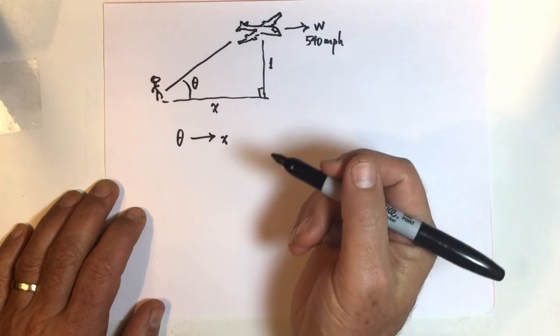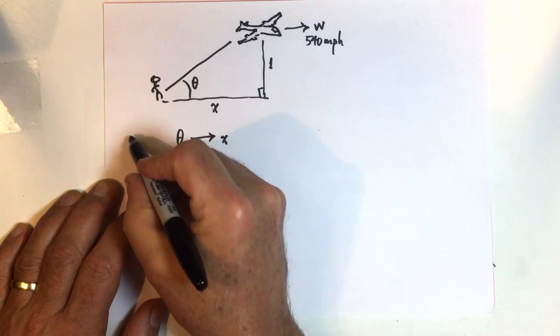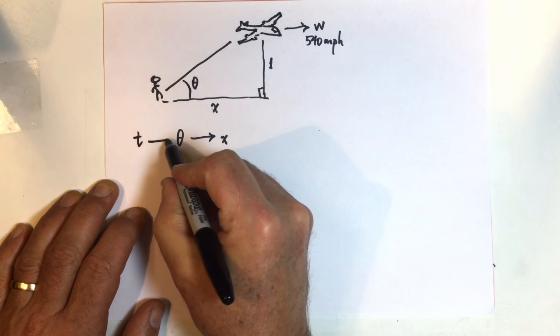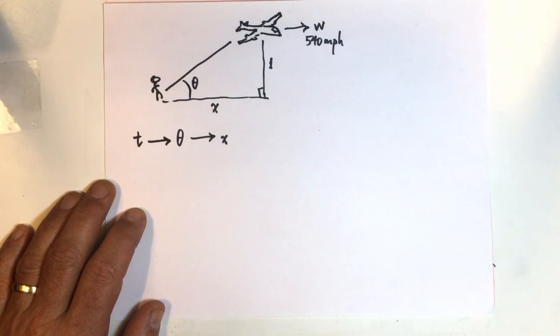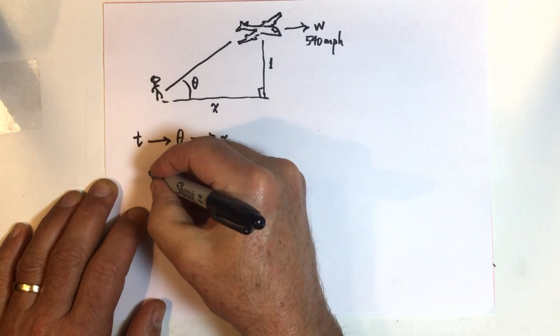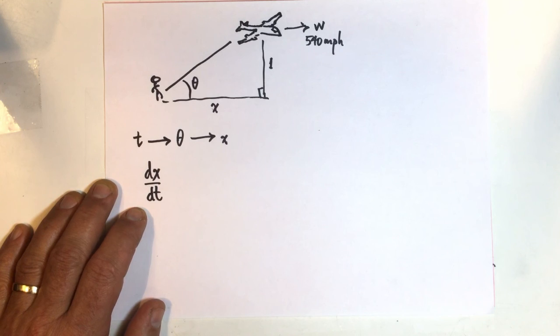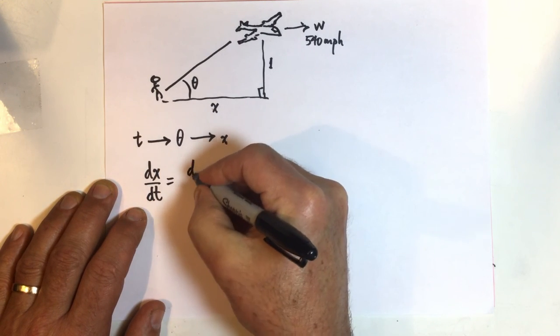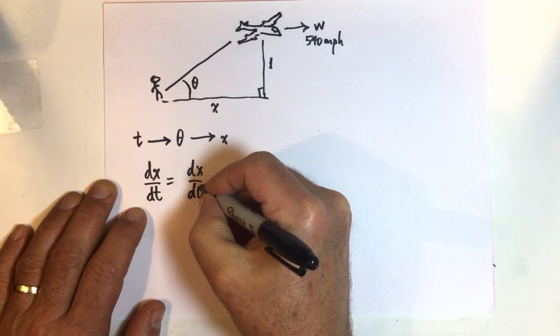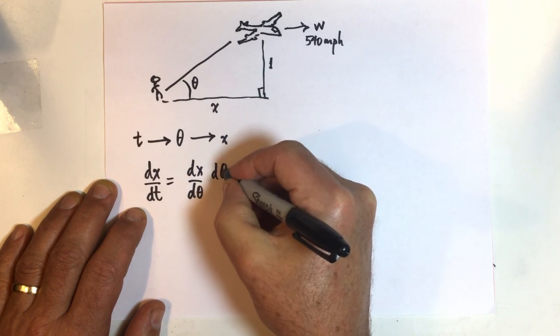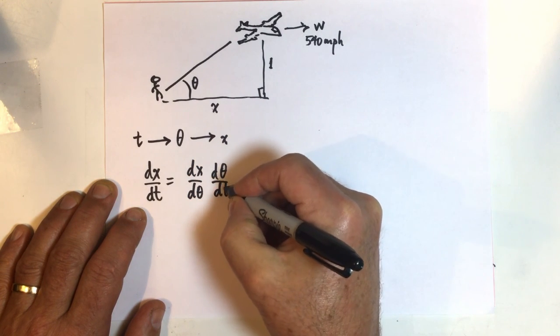It's possible to do it that way. And the independent variable here will be t for time. So there's our three quantities. The chain rule: dx by dt, that's the ground speed, is dx by d theta times d theta by dt.